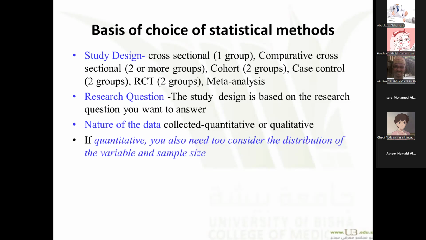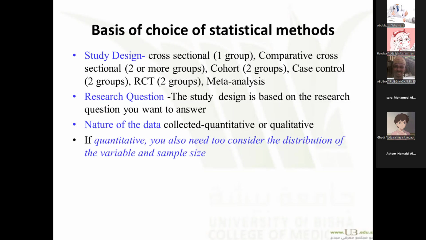Another thing, when you want to find out which statistical method is effective for your research, you need to look at your research question, because your design is always based on the research question you want to answer.